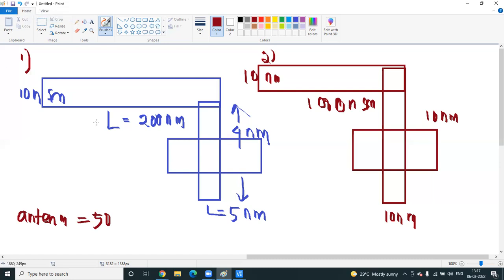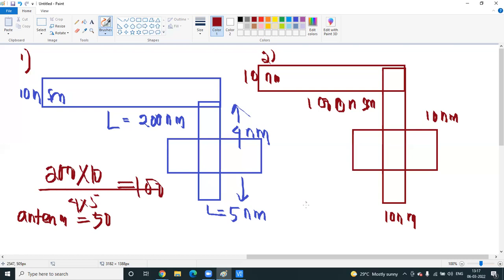Why? Antenna ratio is calculated as metal area by gate area. So 2200 into 10 is the metal area, and gate area means 4 into 5. The ratio is 100, which is greater than 50.